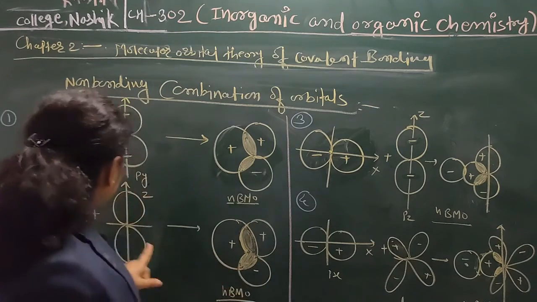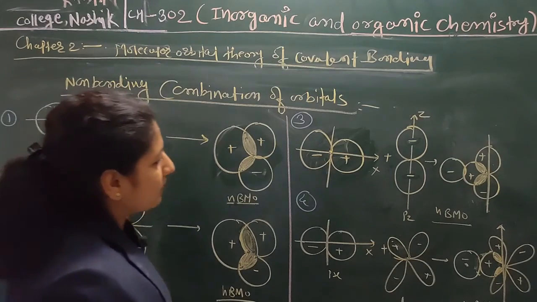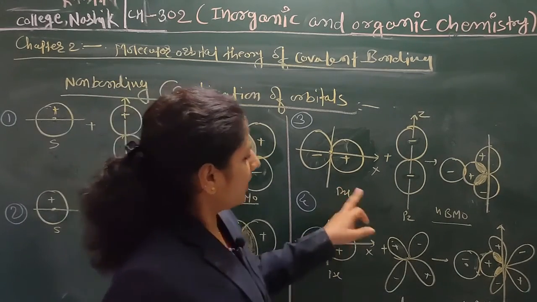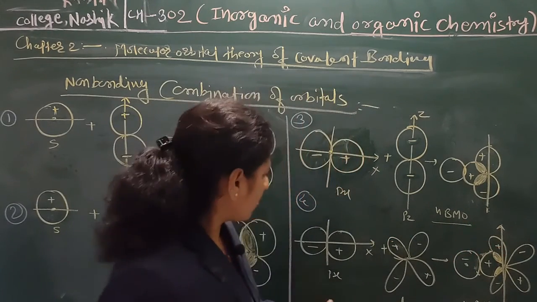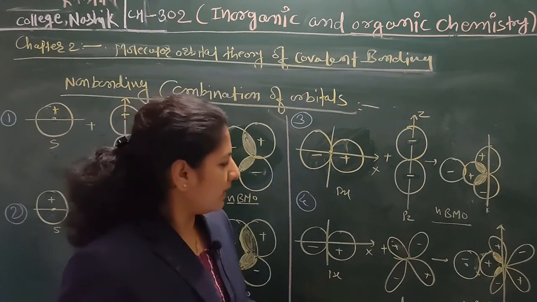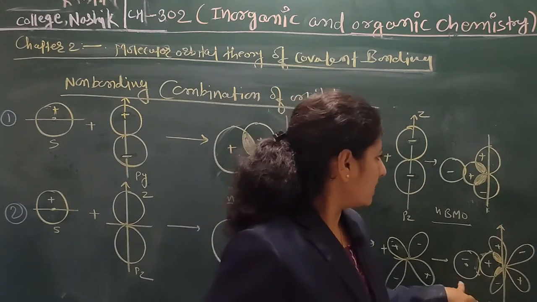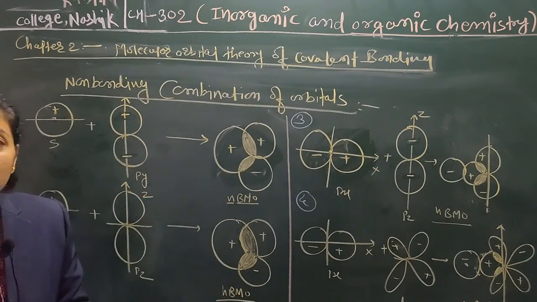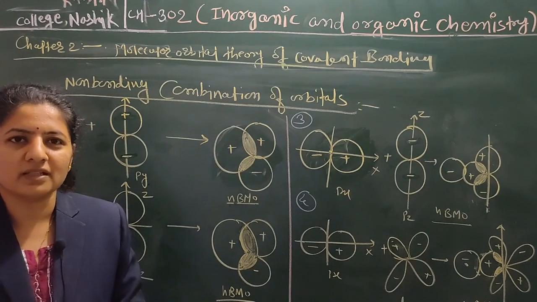Here also a px orbital is combined with a pz orbital, and this is a formation of a non-bonding orbital. Here also there is a combination of a px atomic orbital with a d orbital, and there is a formation of a non-bonding orbital likewise. So these are some examples where there is a non-bonding combination of atomic orbitals.